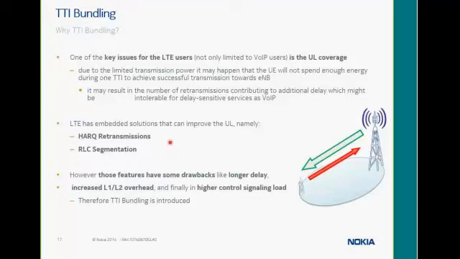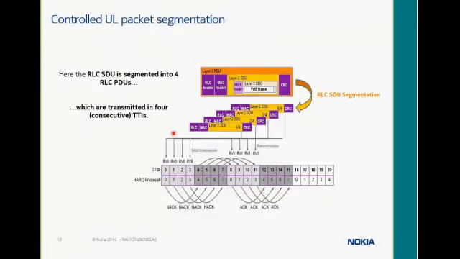TTI bundling is a related feature. In fact, the two of them look very, very similar. What we're doing here is finding a way to do the transmissions and the retransmissions. So I'm going to step back just a little bit and go back to this diagram. This is the uplink packet segmentation.